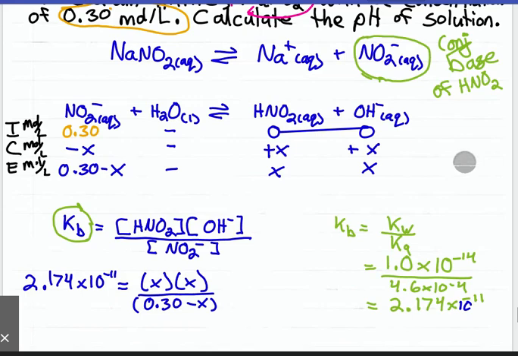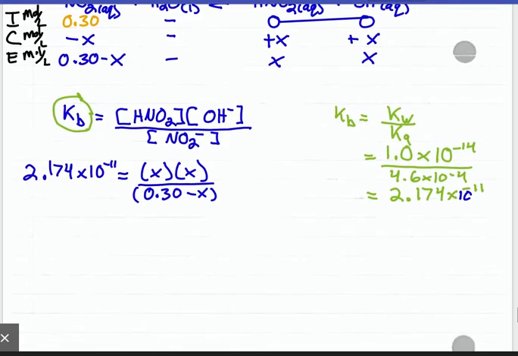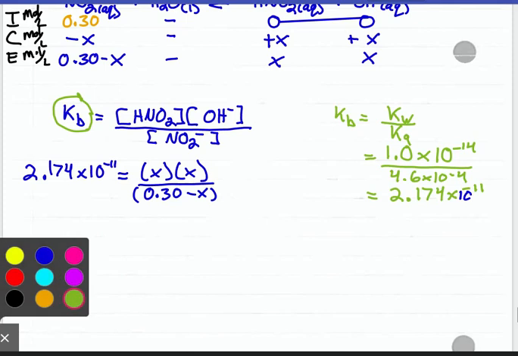So you sub in your values. It looks like this straight from the ICE table. And now this is looking like something that you definitely should be able to solve for. Now, you do not have a perfect square, but what you can do is check the 100 rule to see if we can eliminate our x in the denominator.